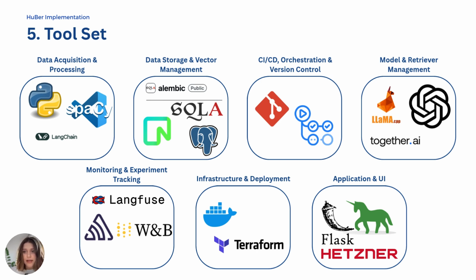We have GitHub Actions. We also have model components that support llama.cpp, OpenAI, and Together AI. For monitoring, we have Langfuse, Weights and Biases, and Sentry. Infrastructure uses Docker and Terraform. We have Flask and Hetzner for application and UI.